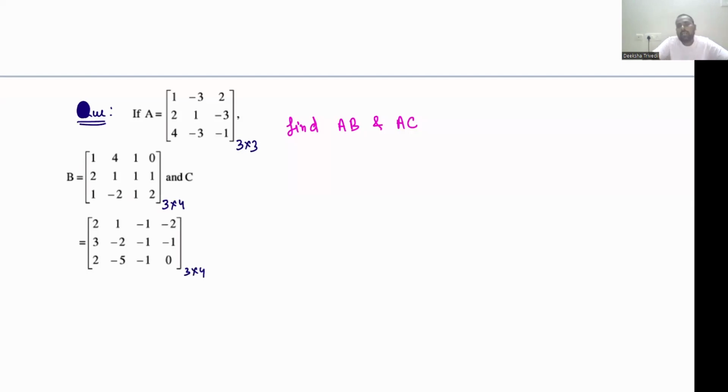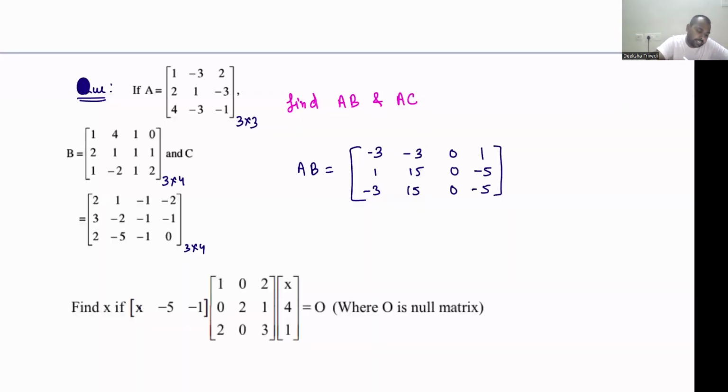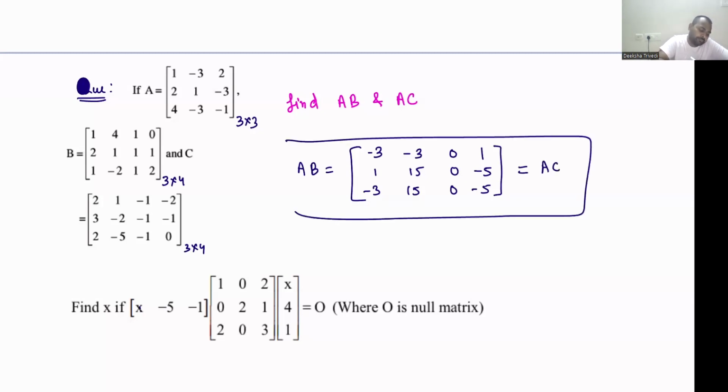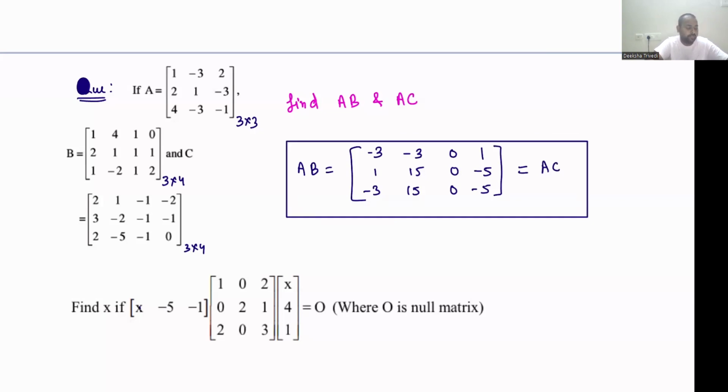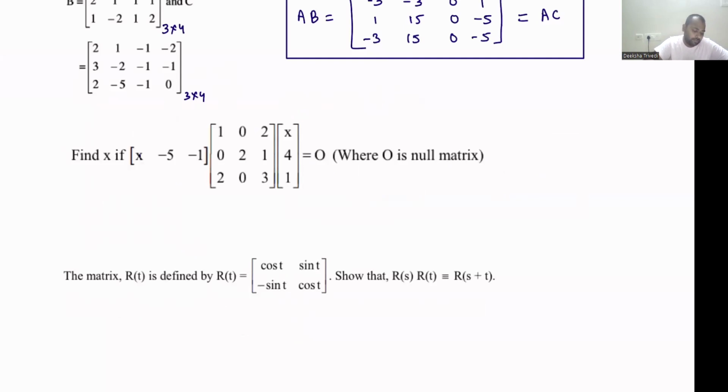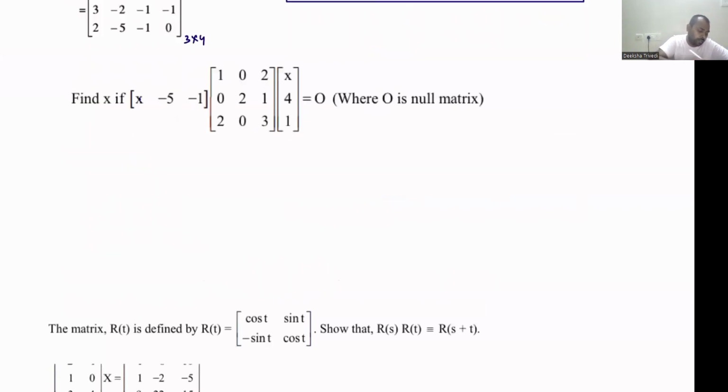Now you need to find AB and AC. So here easily we can say that AC and AB are the same. The answer for AC is also the same. Correct? Now in this question, we need to find X.